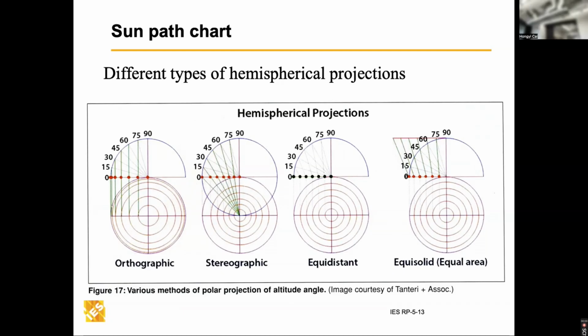We use the equidistant projection for our polar curve, for the polar diagram. Why? Because this one will give you the most relatable content without condensed details. For example, if you look at the orthographic, the edge of the projection will be kind of condensed. You won't be able to see it clearly. We have too much information. And for the equidistant, you have equal distance between two angles. So this projection is always preferred for us.